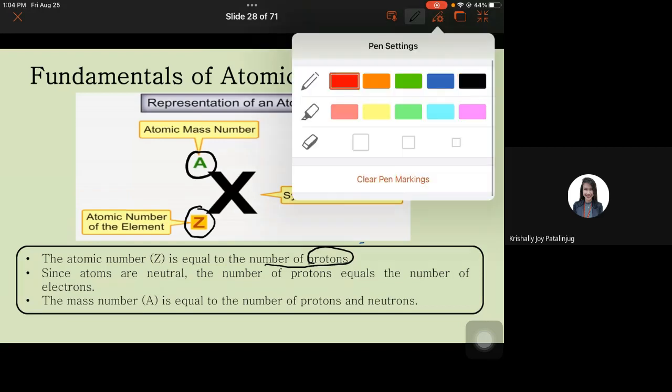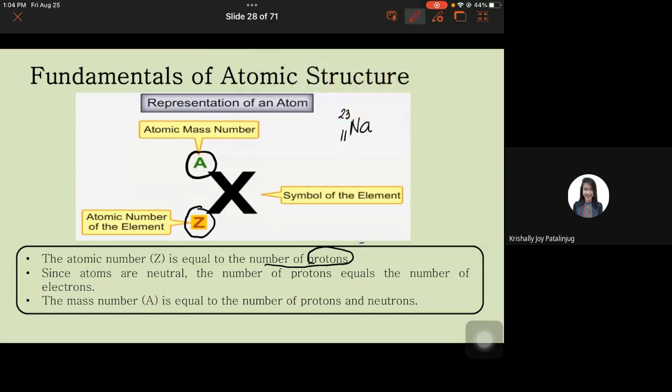Now, since we were able to mention the number of protons, please take note also that for a neutral atom, meaning no charge atom, the total number of protons is always equivalent to the total number of electrons. And recall that this atomic number of sodium, again, is equivalent to the number of protons.